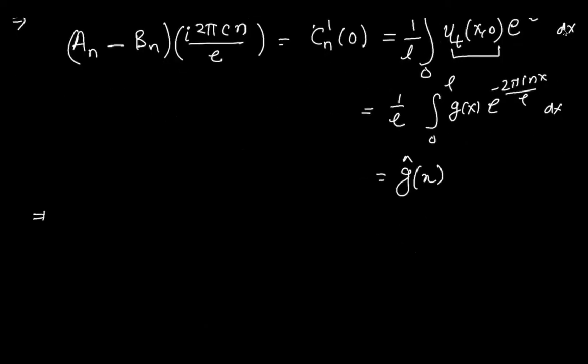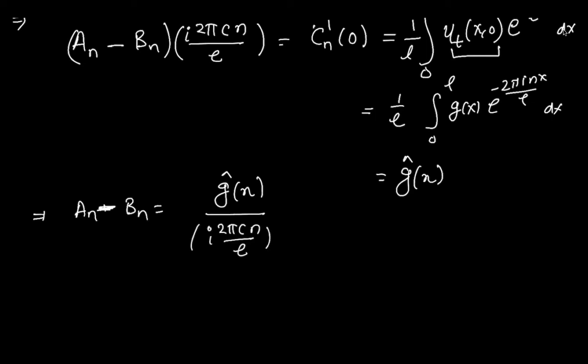So this implies a_n minus b_n is equal to g hat n divided by 2 pi c n divided by L times i. This implies a_n minus b_n is going to be L g hat n divided by i 2 pi c n.